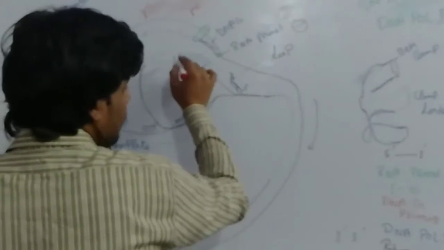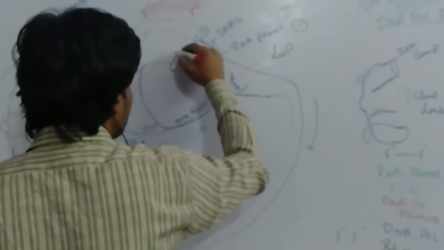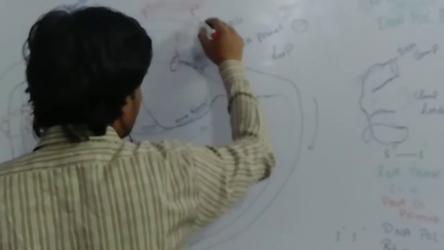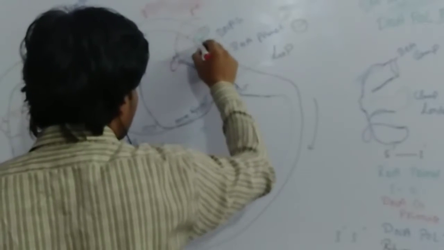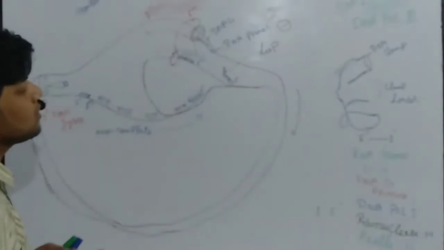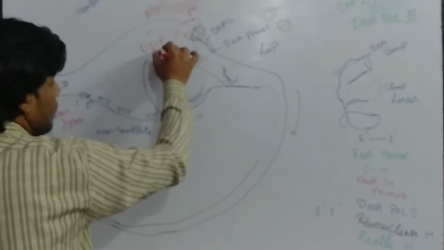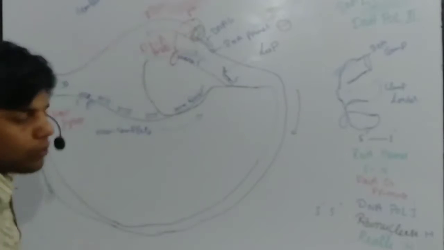And let me draw the DNA polymerase with this red marker. Okay, so this is DNA polymerase 3. Now DNA polymerase 3 can bind at that specific area and start the elongation process.